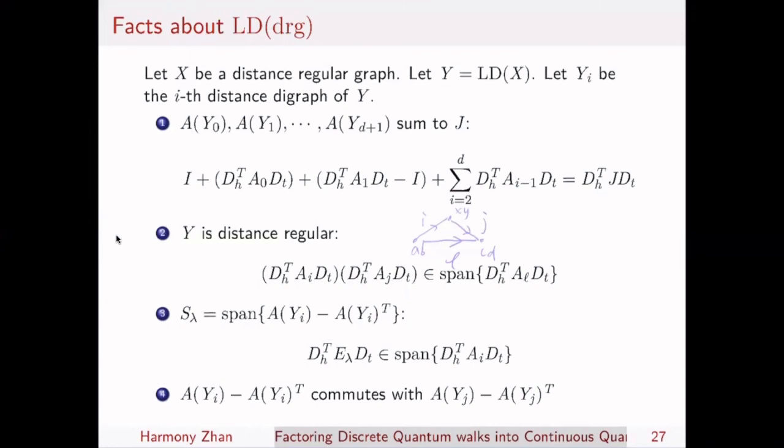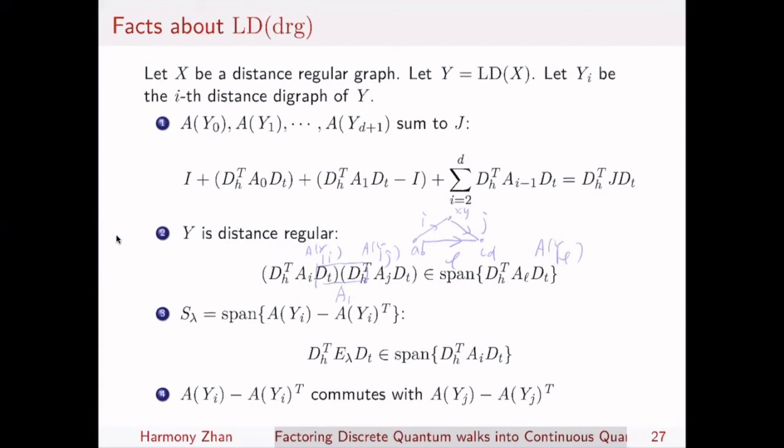So in other words, A of Y_i times A of Y_j lives in the span of A of Y_l. But that translates into this condition, because we know this is equal to A of X_i. So that just means D_H of A_something D_T lives in the span of D_H A_something D_T.